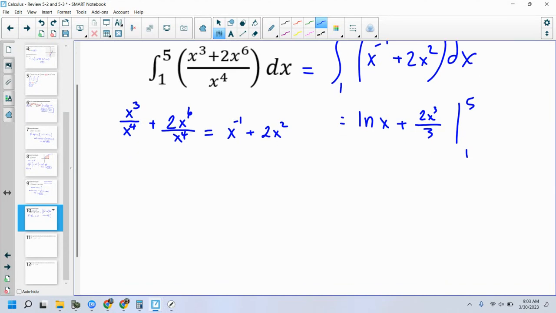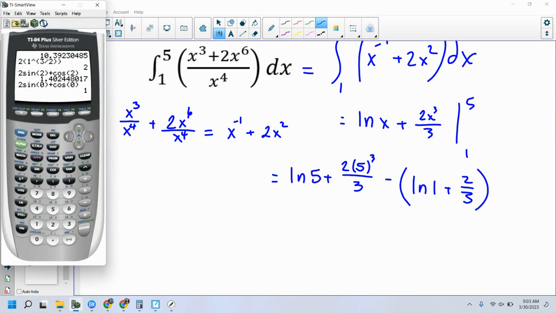All right, so now let's plug and chug. ln of 5 plus 2 times 5 cubed over 3, minus the whole ln 1 plus 2 times 1 cubed over 3. Let's figure out what ln of 5 plus that whole thing is. 5 to the 3rd is 125, so 250 divided by 3.